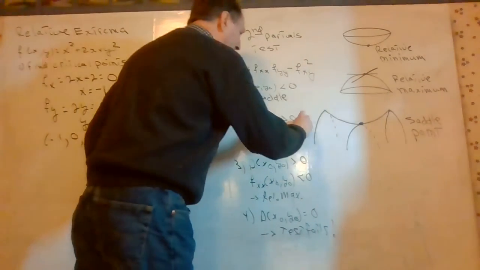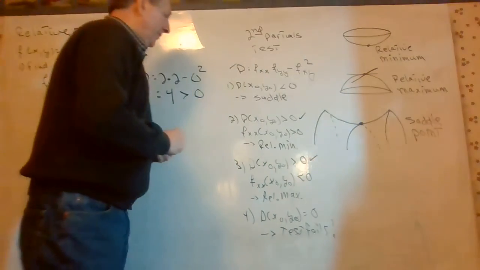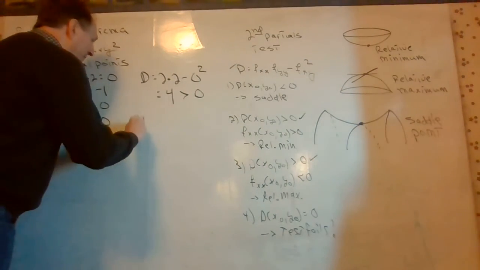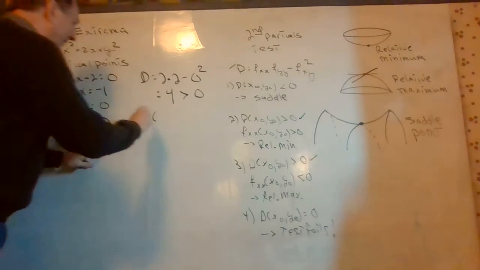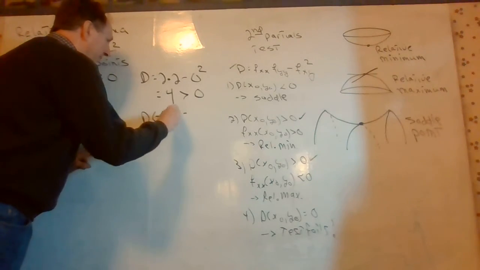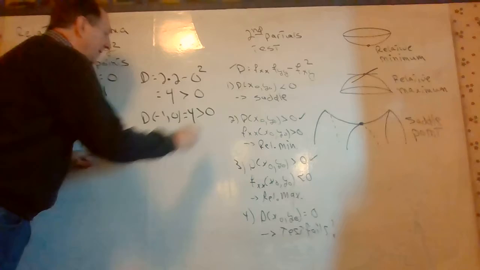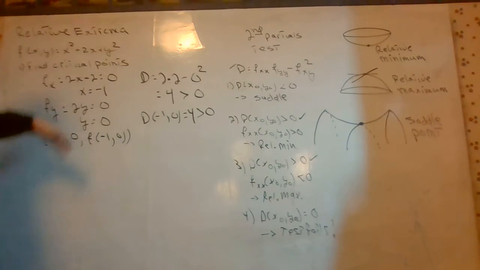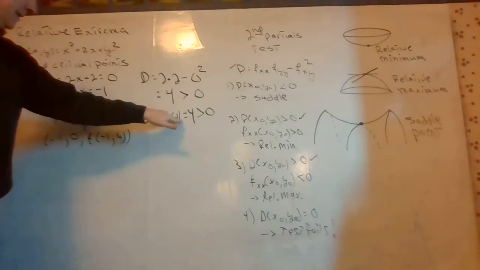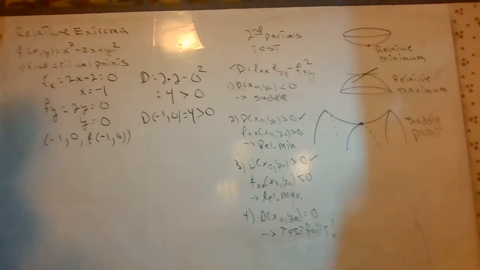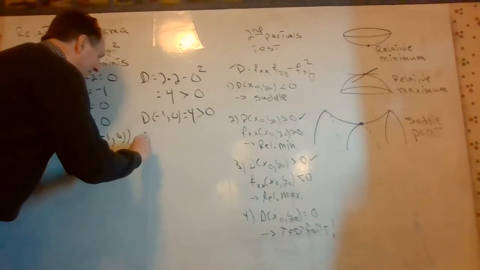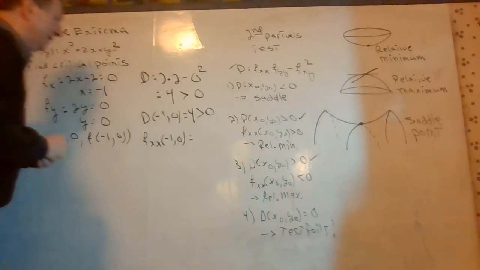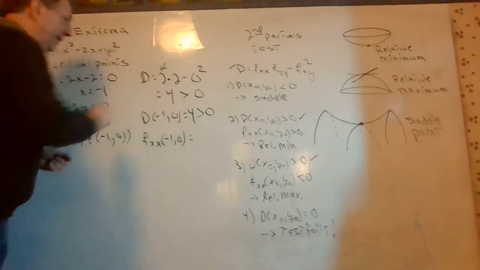Okay, we're right here. So now we need to go look at the second partial. I guess I should mention, we want to find D of negative 1, 0, which is also equal to 4, which is greater than 0. Sometimes if this is a higher degree function, then we have to actually plug in the point. So now f xx of negative 1, 0, we calculated that already.